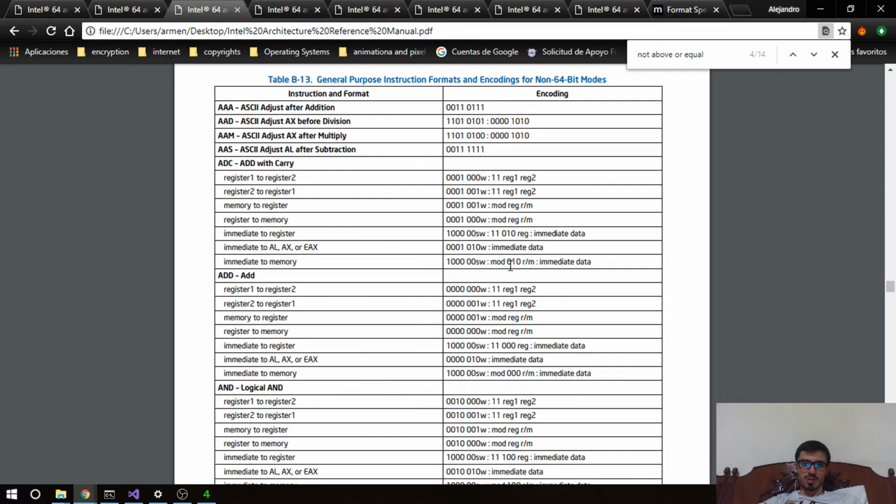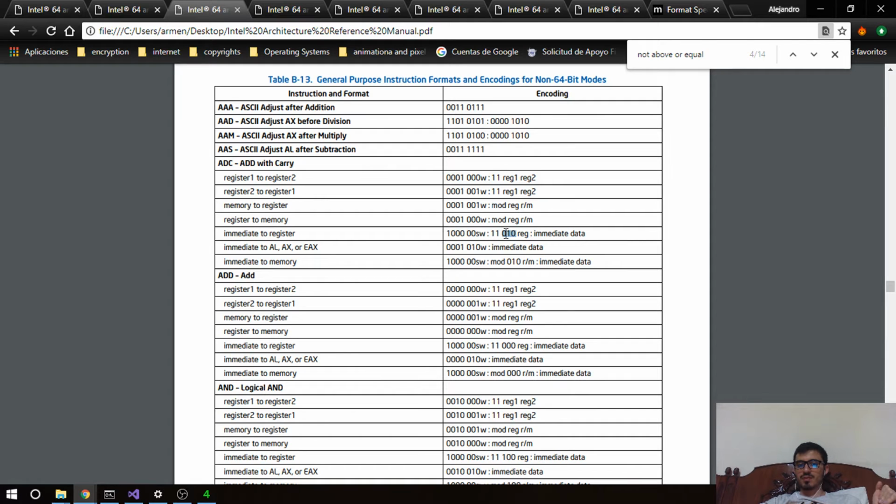1010. This is respected. But we cannot confuse it, because if we say 1010, we know that 010 is the DX register. So do we use that DX register to encode something, or to show the user the mnemonic of something, or is the meaning just in the register and the immediate?